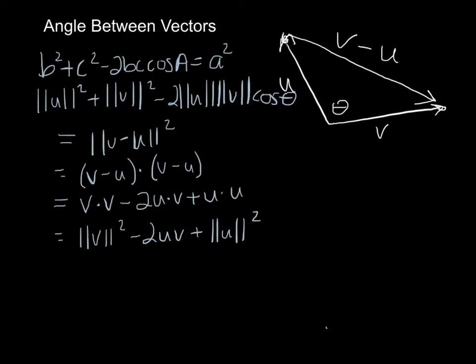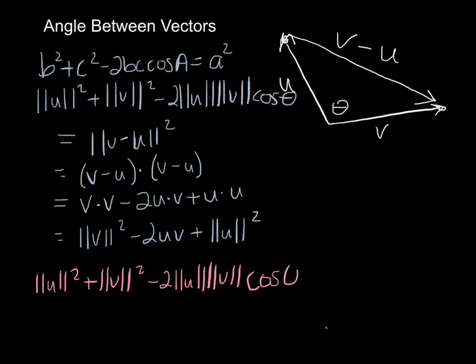Now remember that this whole thing up here is equal to this whole thing down here. So I'm going to write that out again. Let's go with our magnitude of u squared from the top, magnitude of v squared, is equal to our last line here. And you might notice from this long, ugly expression that we've got a magnitude of u squared on both sides and a magnitude of v squared on both sides.